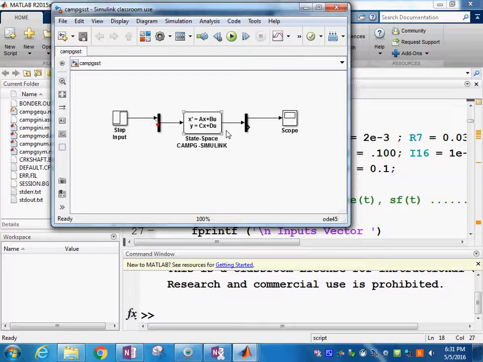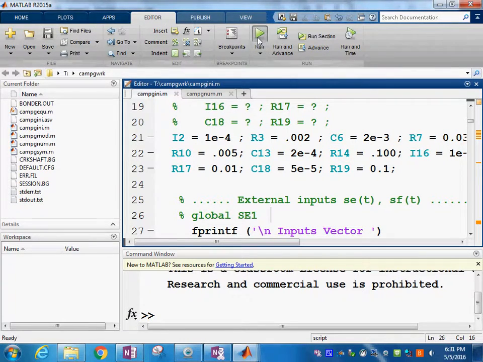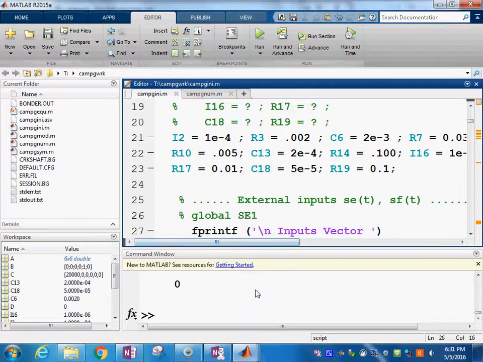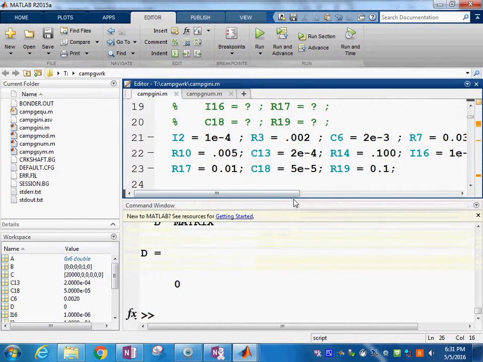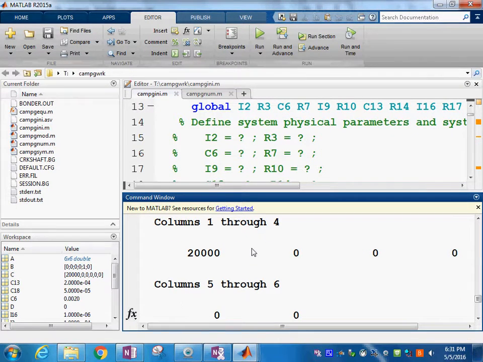In fact, just so that you see, if we run this file in here, watch what will happen. Do you see right here? Here on the left hand side, you also see how it initializes the values in here, but nevertheless, here you can see very clearly you have the matrix.